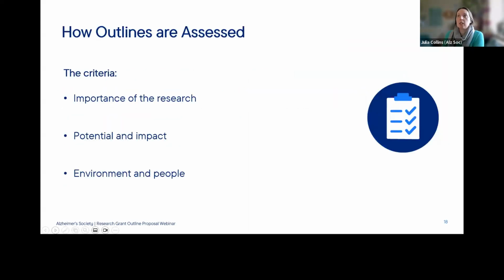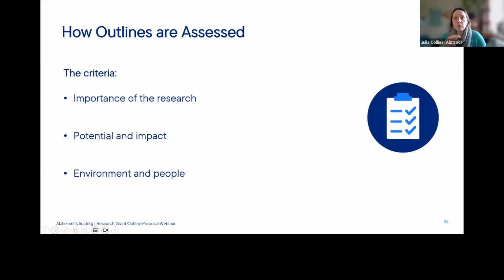Briefly now, we'll just touch upon the assessment process. So the criteria that is used to decide whether or not to invite an application for the full application is the importance of the research. Does it fill a need?